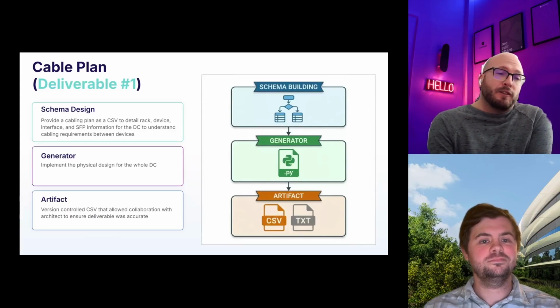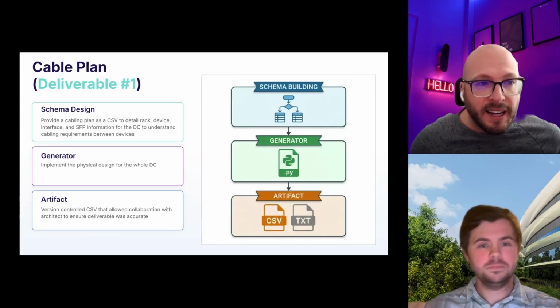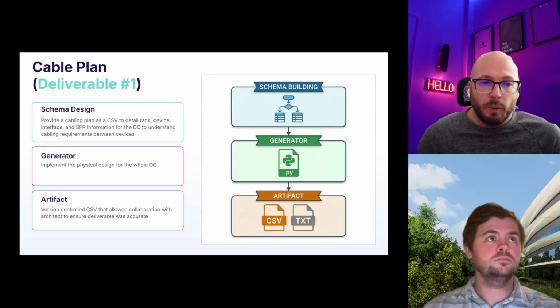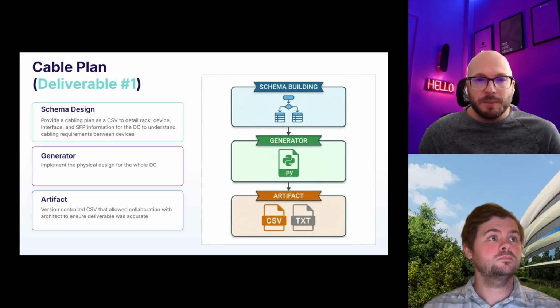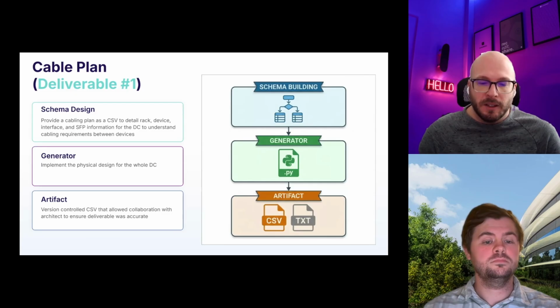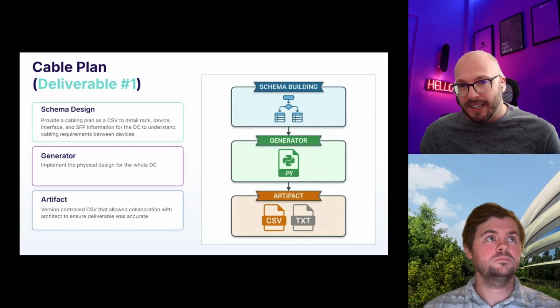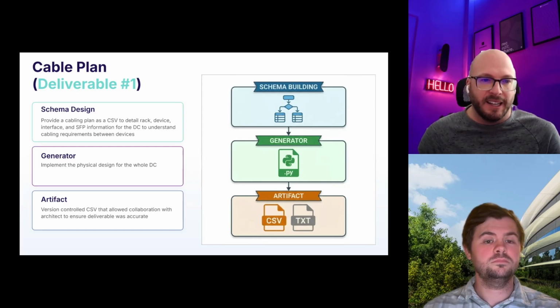So for our first deliverable, it ended up being the cable plan. Initially, we needed to provide this to the DC ops team so they could understand how many cables to order, as well as, whenever we actually get the equipment, where do they rack it? That was the importance of this.